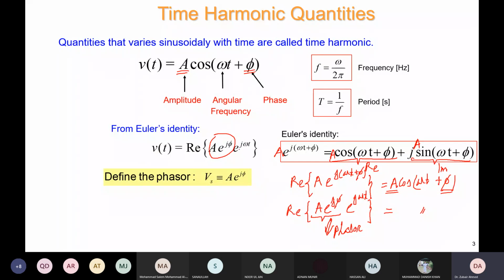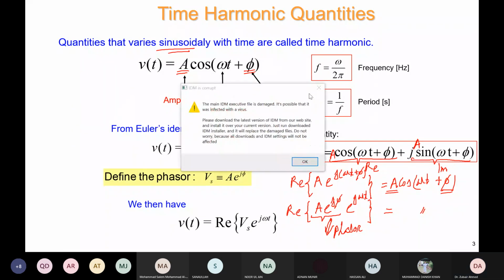When you express it like this, if you leave out the real part and the exponential of j omega t part, then this quantity is the phasor, and we denote it by capital letter V, with the subscript S denoting that we are talking about a sinusoidally varying quantity.